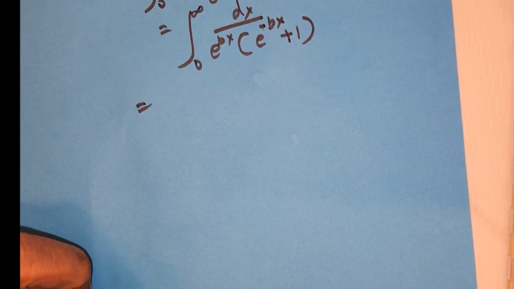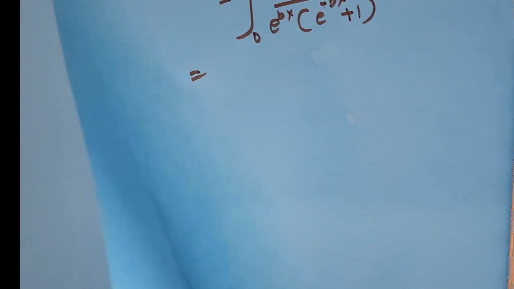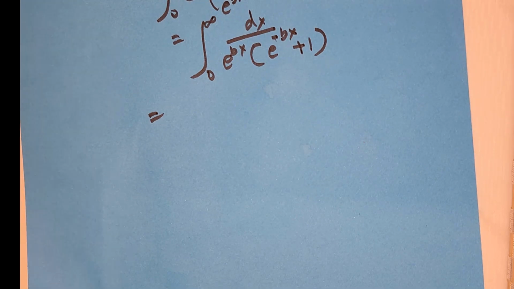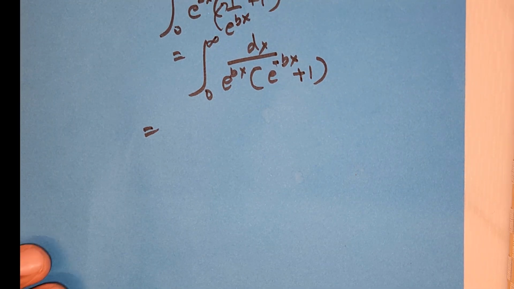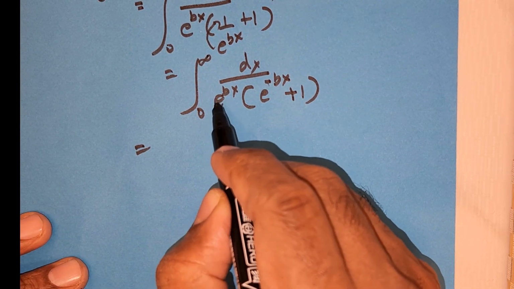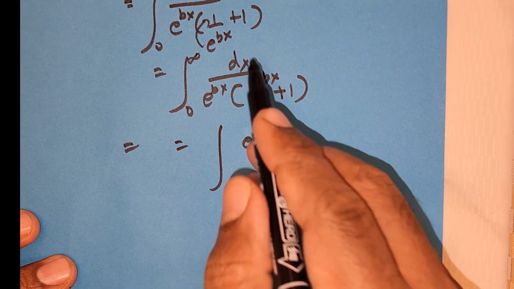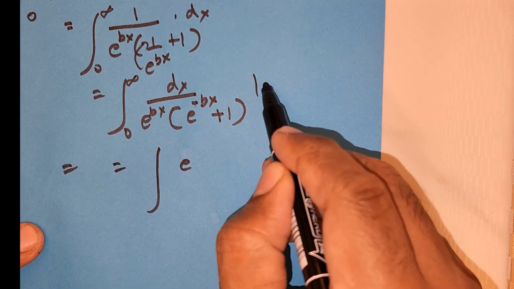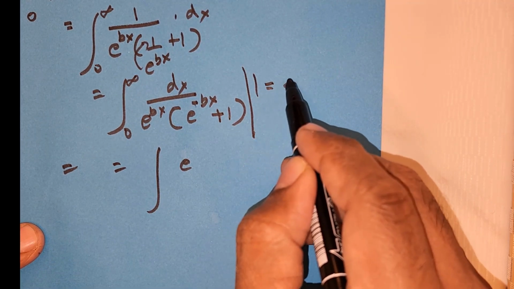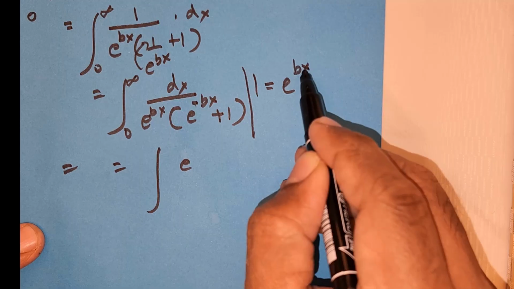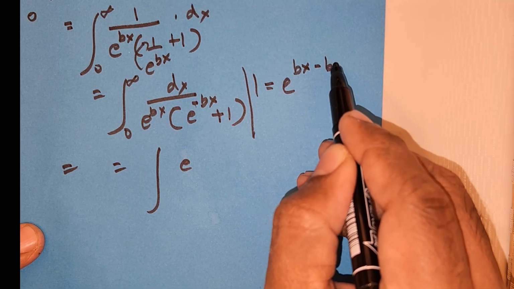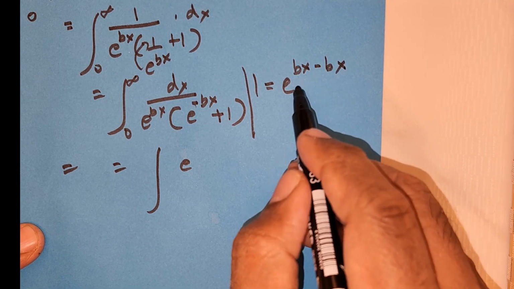Now what I wish to do is get rid of this e raised to the power of bx. So I will rewrite 1 as e raised to the power of bx negative bx.